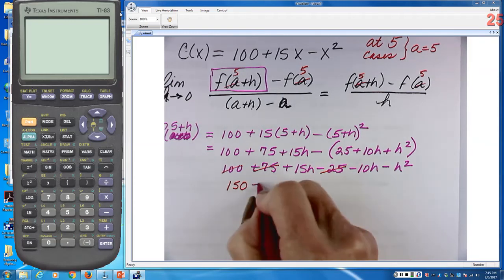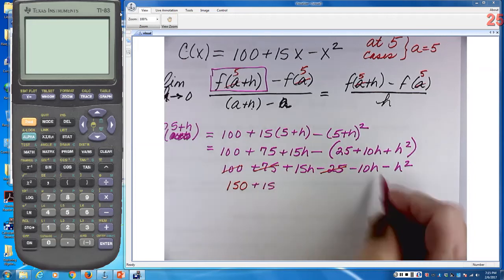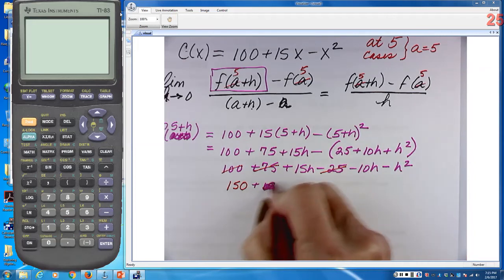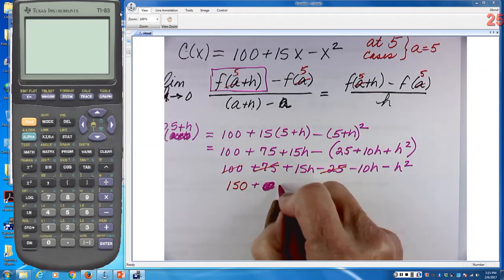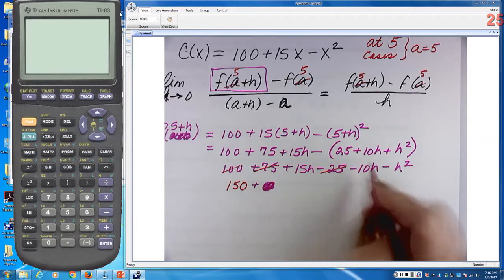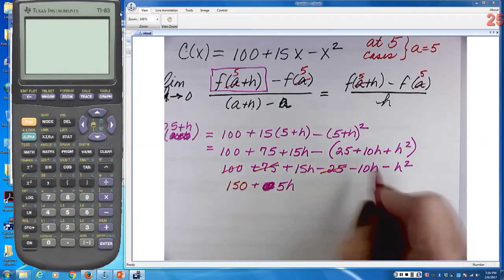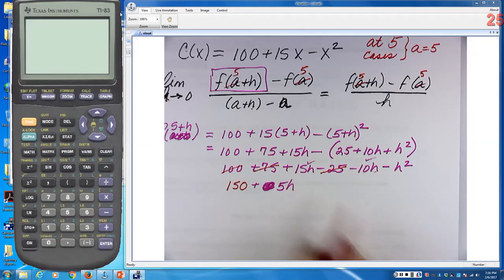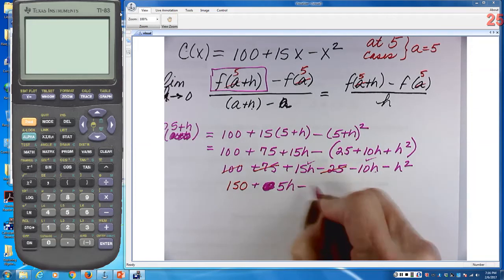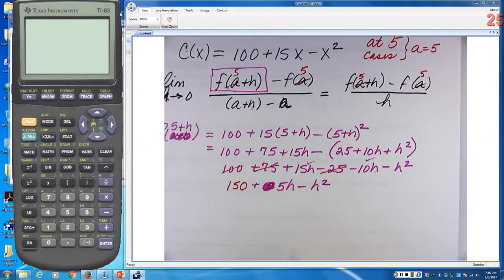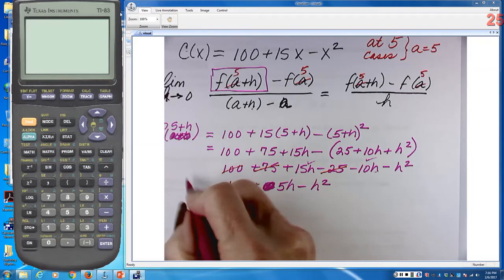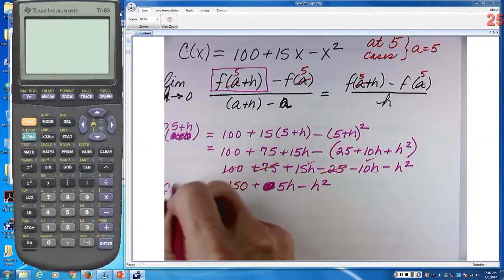Plus 15h minus 10h. We still have an h term. 15 minus 10 is 5h. Takes care of those two. And then minus h squared. So this is f of 5 plus h.